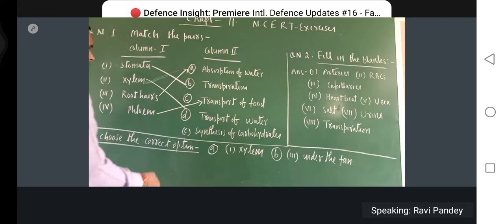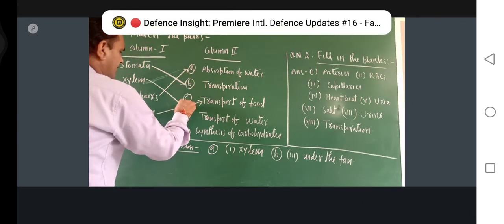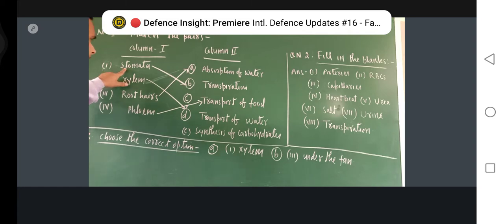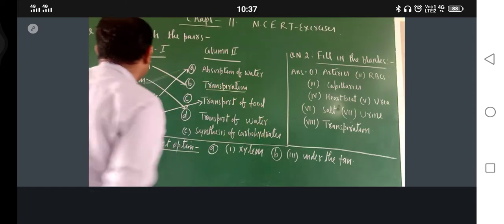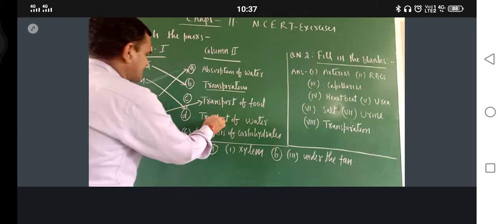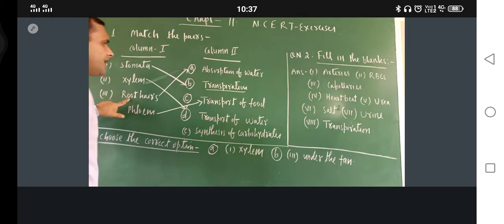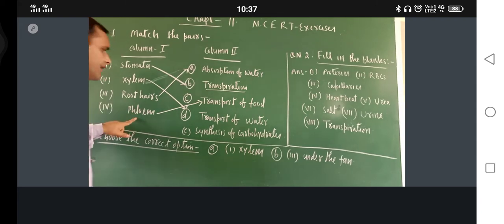Once again, just listen. Stomata is related with transpiration. Xylem, transport of water. Root hairs, absorption of water. Phloem, transport of food. But you should not write in this way.